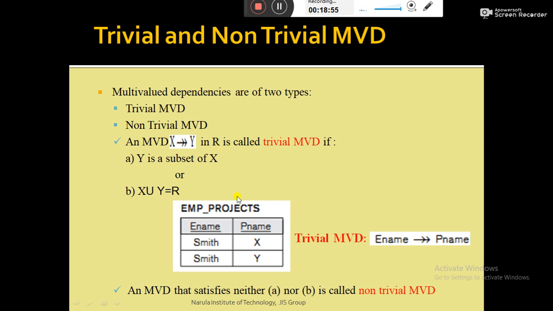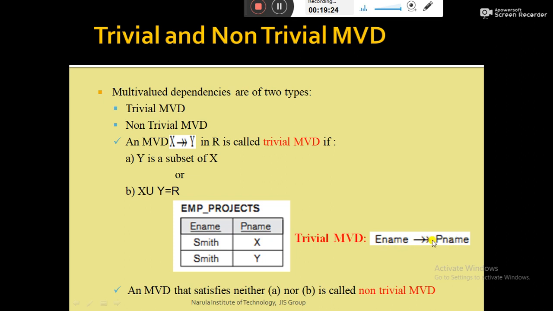For example, consider the relation EMP_projects. For a particular value of ename, we have multiple values of pname. For a particular value of ename Smith, we have how many pname values? X and Y, so two pname values are there. That means we can write ename double arrow pname, meaning employee name, or ename, multi-determines pname.